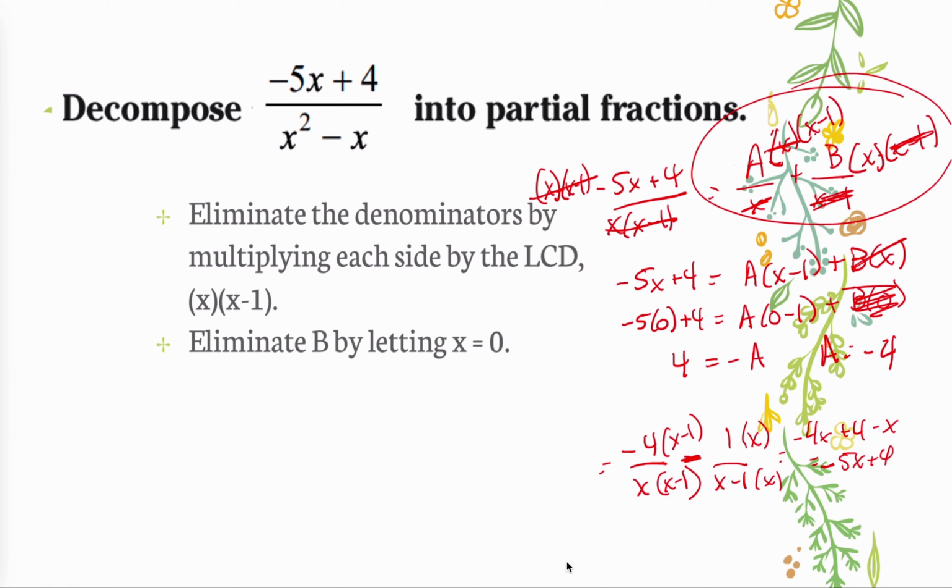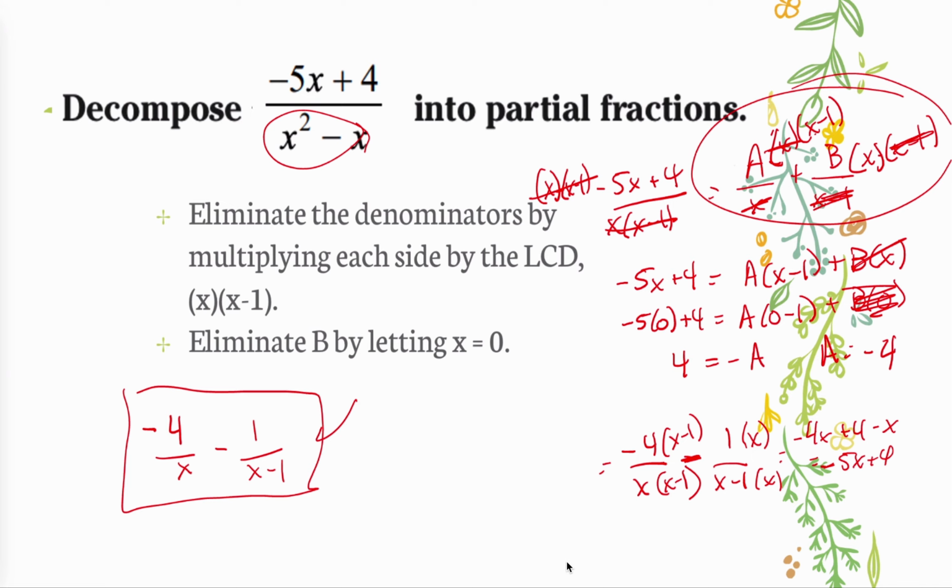And the denominator we know is the same. So our answer would be negative 4 over x minus 1 over x minus 1.